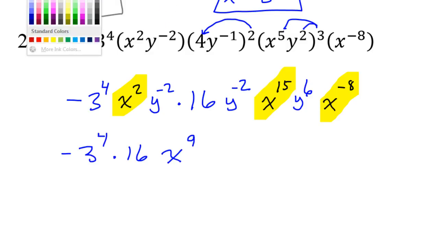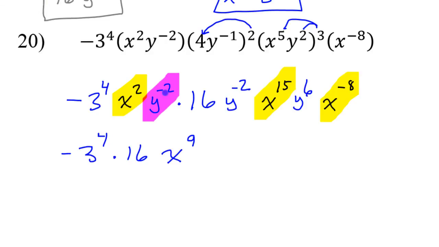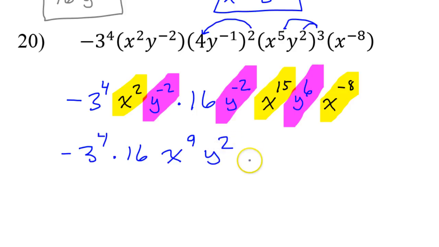Now I am looking at the y's. I've got y to the negative 2 power, another y to the negative 2 power, and I've got y to the 6th power. Negative 2 plus negative 2 is negative 4. Negative 4 plus 6 is positive 2. So that's y squared. Okay, so I'm contemplating leaving this as my final answer.